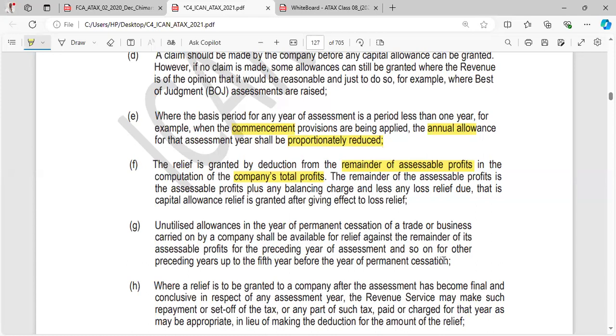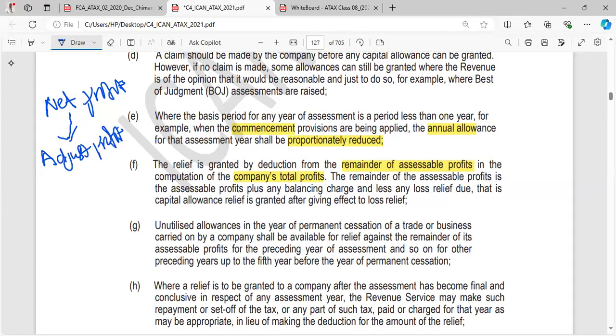So, what I mean here is that, let me demonstrate it here. You have your net profit, this accounting profit. You now do your add backs and you have adjusted profit. This is also called assessable profit. Okay, then there are two things that will adjust this again. You have balancing charge, you add it.